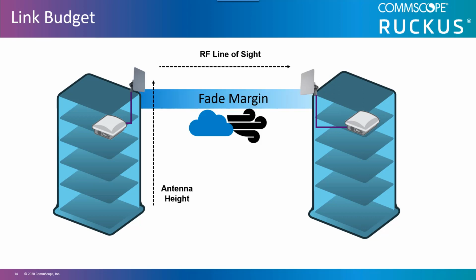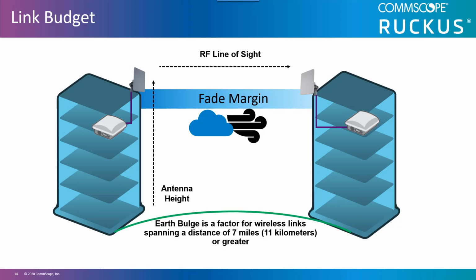Fade margin. Fade margin is an additional signal strength above the required link budget to account for expected but unpredictable signal fading due to environmental conditions. Earth bulge. If the distance of the link is greater than 7 miles or 11 kilometers, you're going to have to take into account the curvature of the earth, not just trees and trucks and other buildings that could be in the way, but the actual curve of the earth.